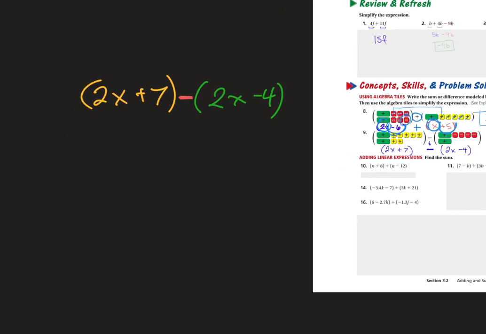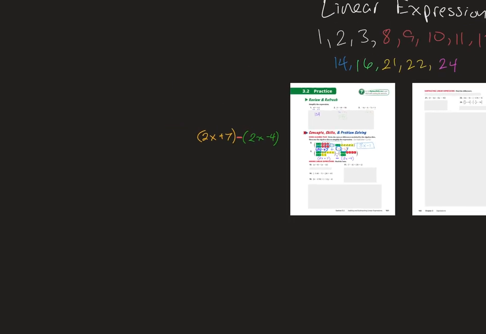You have a couple ways you can do this. You can do it in your head: 2x minus 2x. What I did is go from like term to the next like term. Let me copy and paste this so I can do it twice.